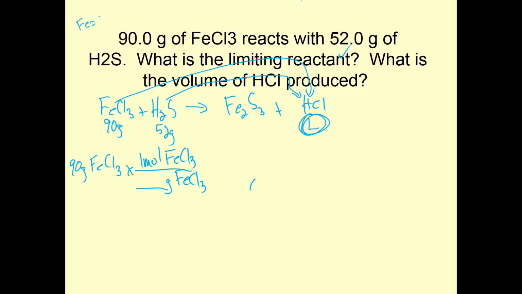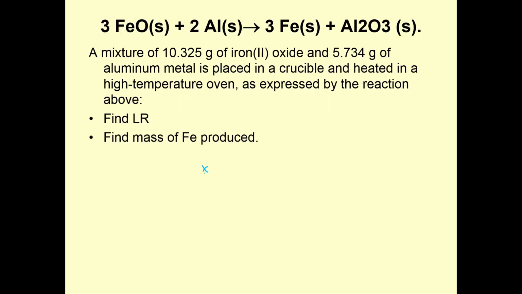Fe from the periodic table is 55.85, and then chlorine is 35.45 times 3. So 35.45 times 3 plus 55.85 is 162.2. So now I'm in moles.